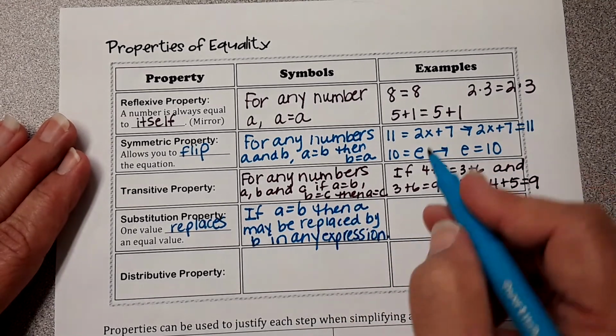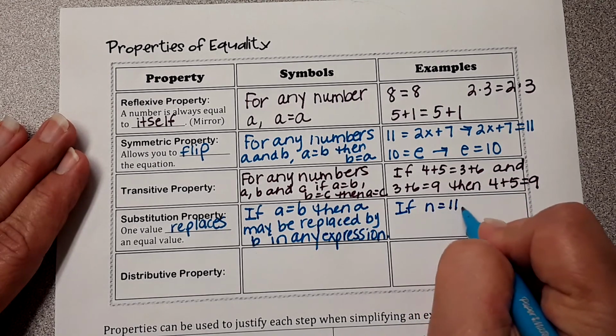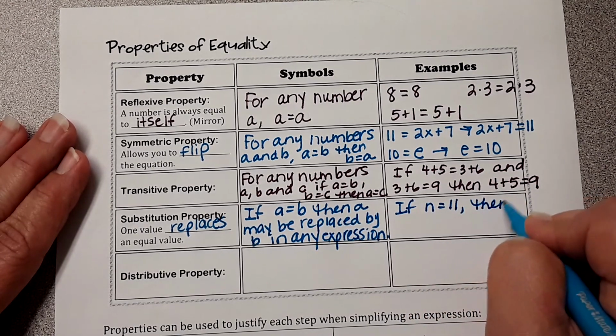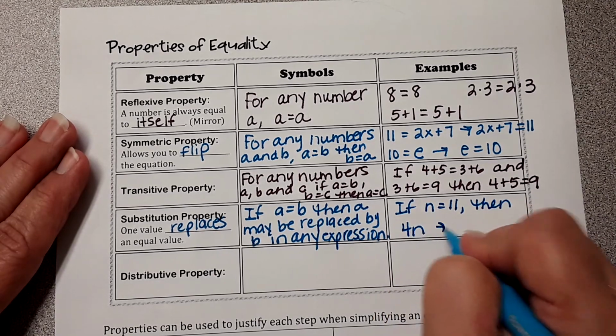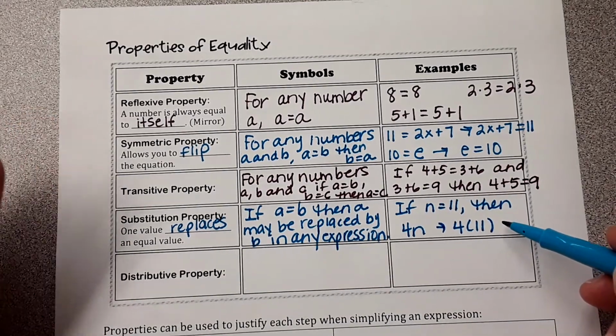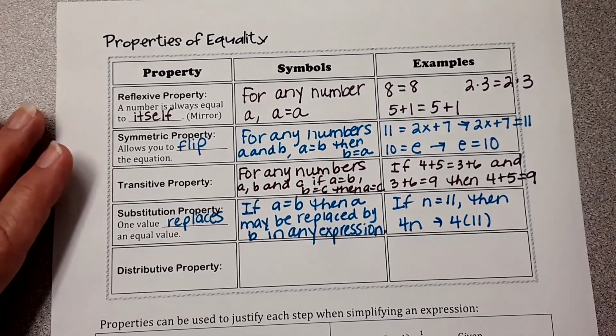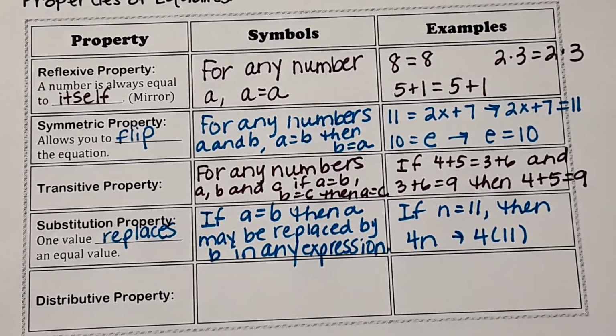So basically, you guys, if n equals 11, then 4n could be 4 times 11. You do this all the time. We've done it. It's like when you replace the variable, or when you find the perimeter or something.